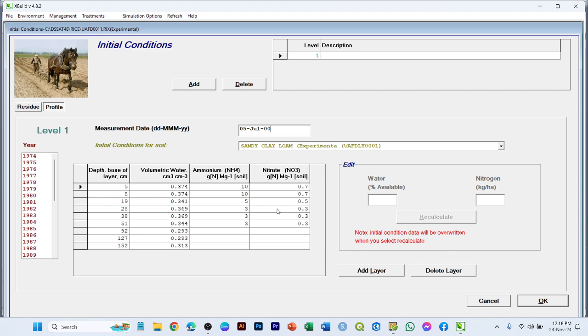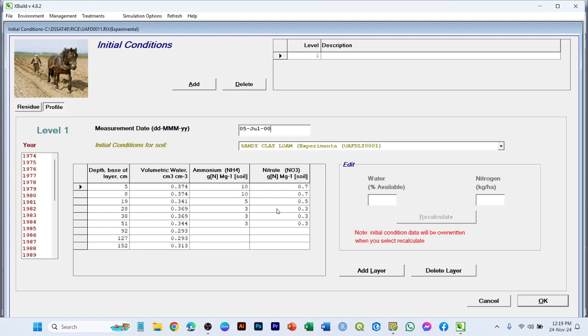Clear? In soil samples you have to measure the ammonium and nitrate after you take the sample. You have to measure with different depths.